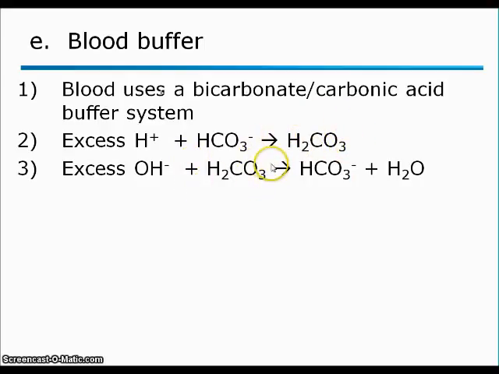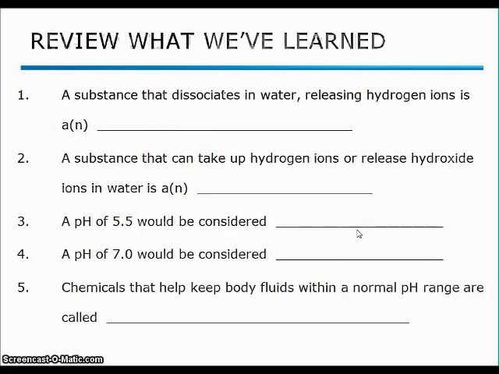Oh, look, it's right there. If you get too much base, it bonds with that, and then HCO3. So you can see then we have the HCO3 ion available in our blood, which could bond with excess hydrogen. So this would be back and forth, creating an equilibrium that's going to help our blood maintain that correct pH.